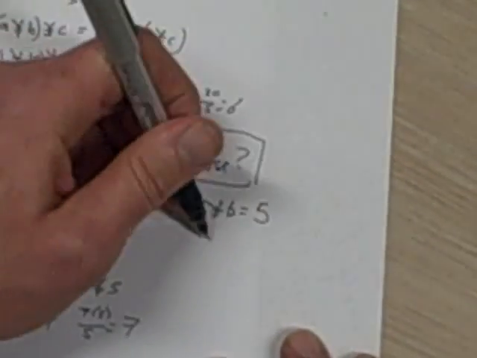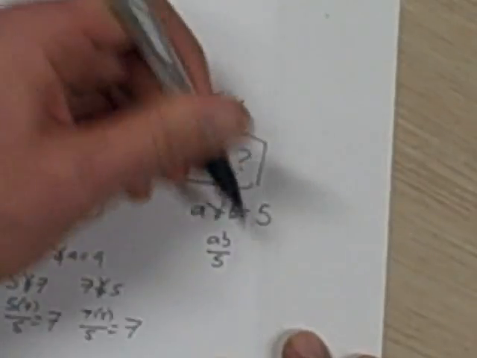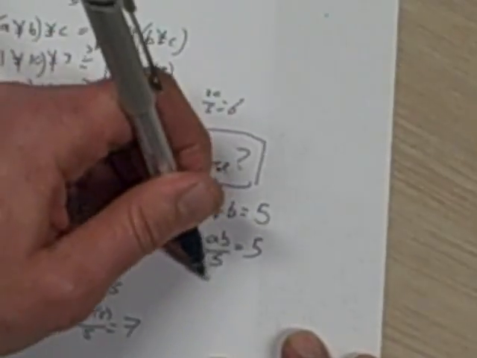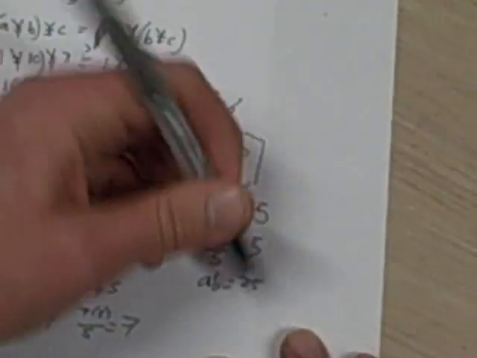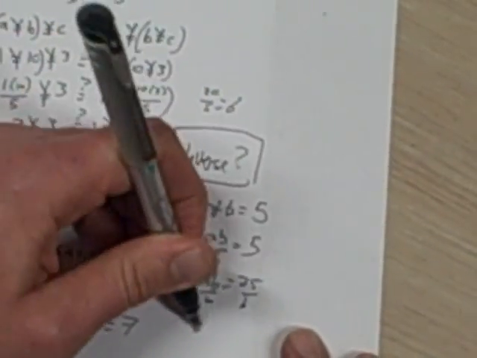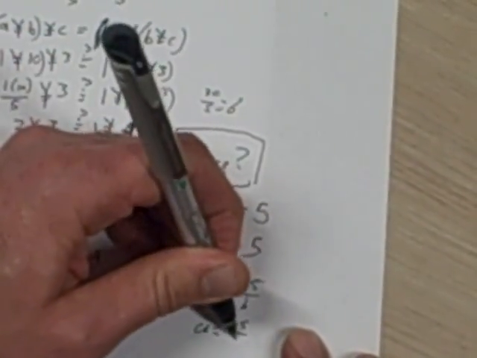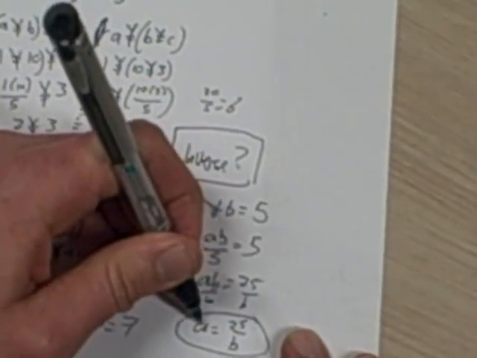Like A Y B is 5, so that would be A times B over 5 equals 5. That's just using the operation equals 5. Multiply both sides by 5. A times B equals 25. Divide both sides by B. A is 25 over B. Yeah, everything has an inverse.